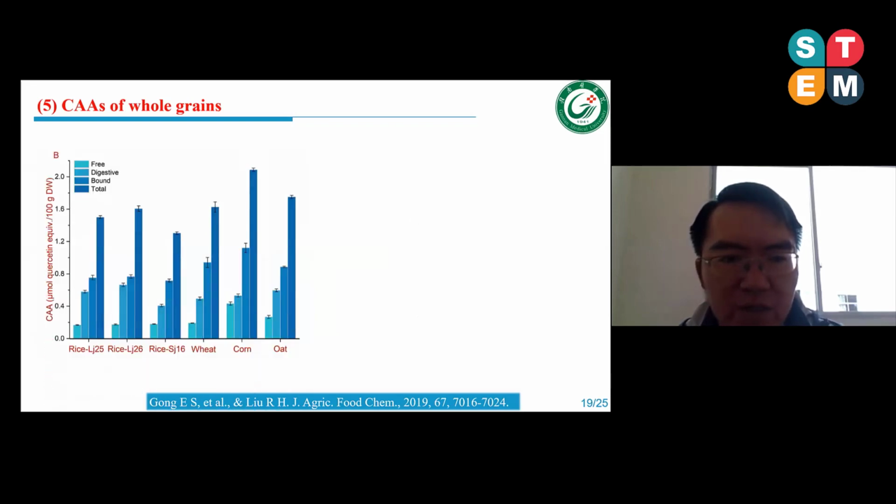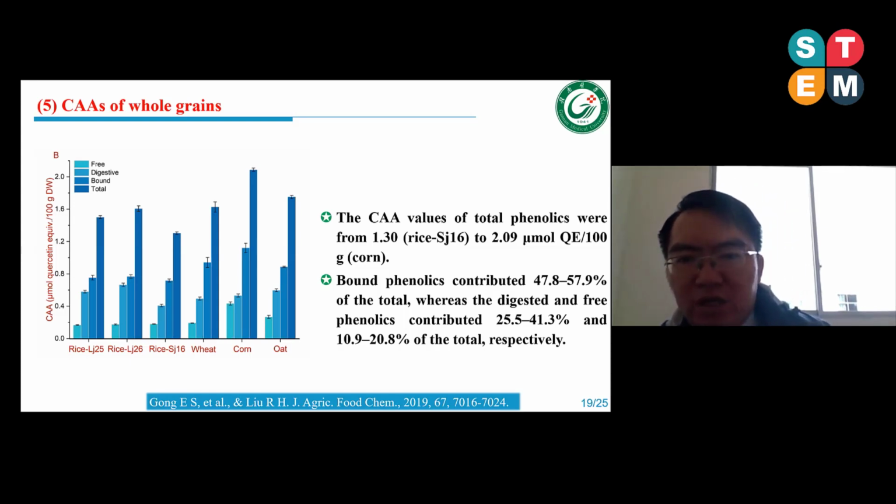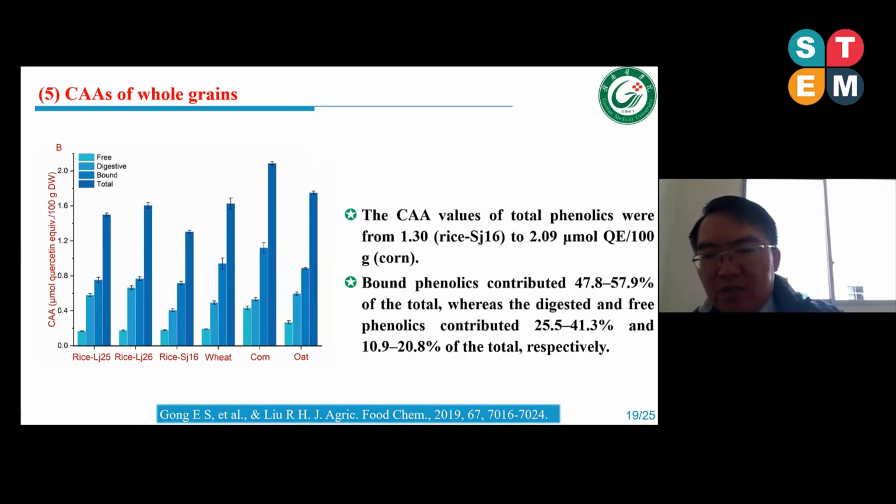In the PBS wash protocol, the CAA values of total phenolics were from 1.3 to 2 micromole. Bound phenolics contribute 47 to 57% of the total, whereas the digested and the free phenolics contribute 25 to 41% and 10 to 20% of the total, respectively.